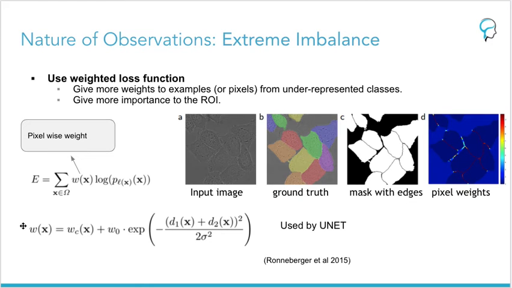So in their case, every pixel is weighted by the distance it has to the two closest edges, which are designated by d1 and d2. Using this technique and also other components in their method, they achieved state-of-the-art in multiple segmentation tasks. So this could be an alternative to patch-wise training.